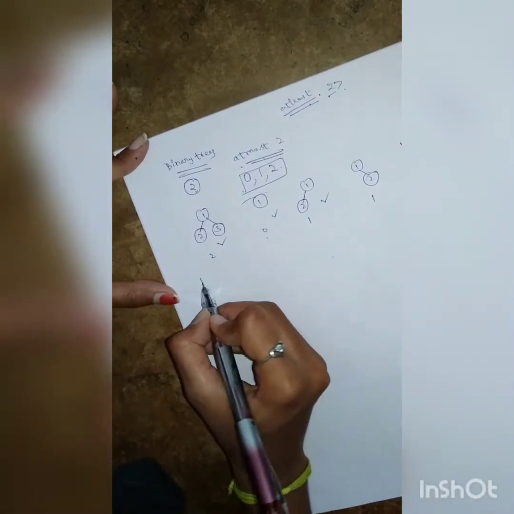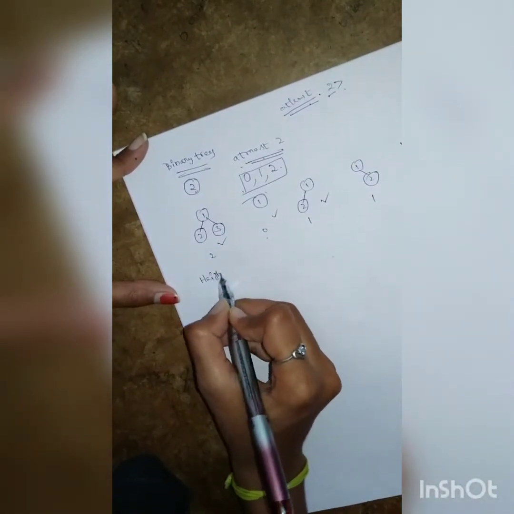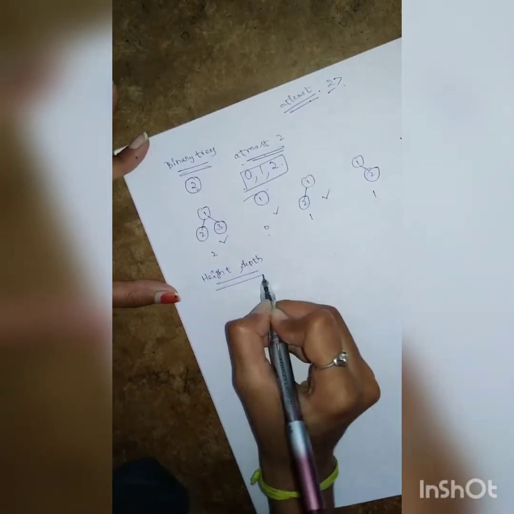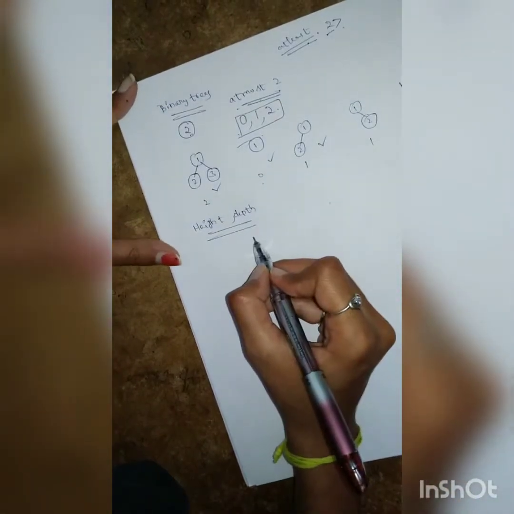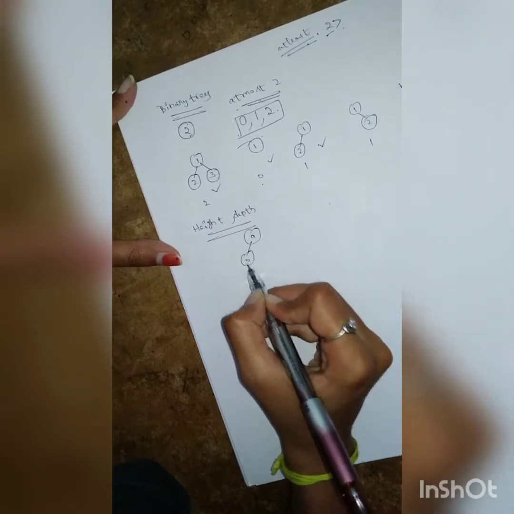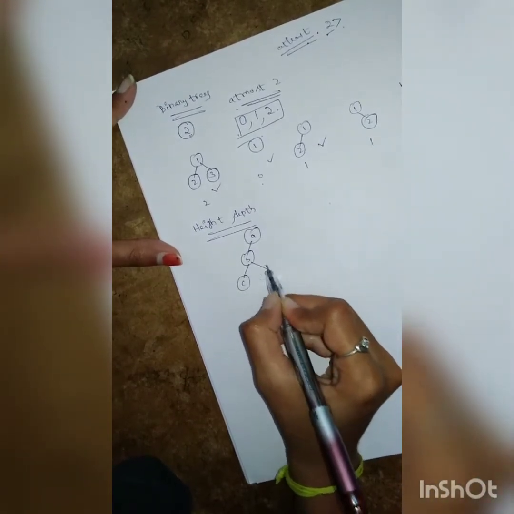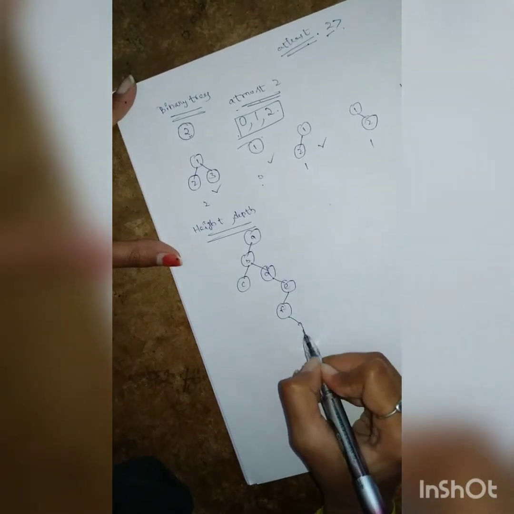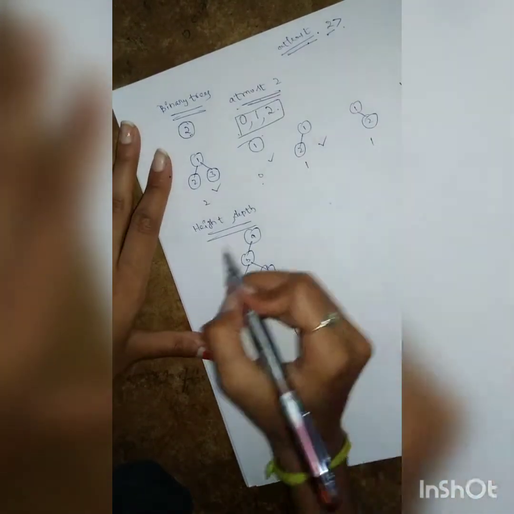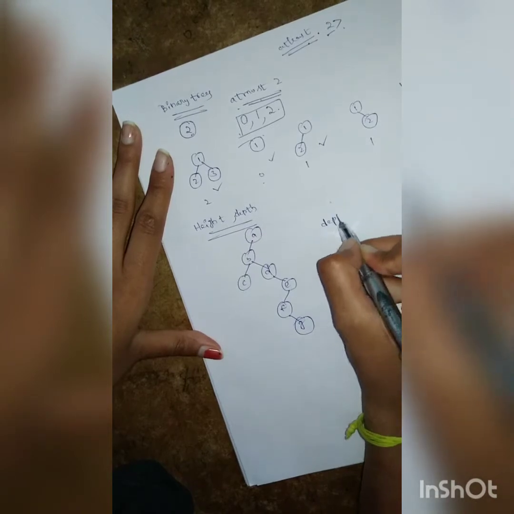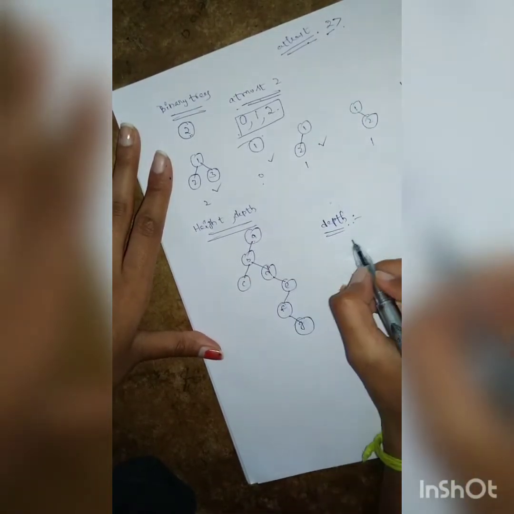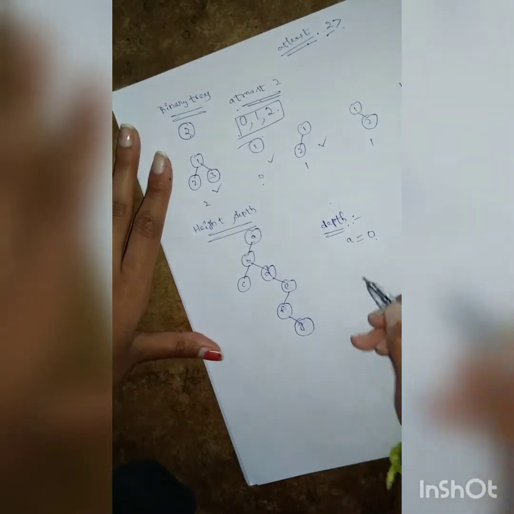Now let's check what the height of the tree is and what the depth of the tree is. Let's consider a tree with nodes A, B, C, D, E, F, G. If we say depth of the tree, let's take the depth of A as 0. How can we say the depth of A is 0?